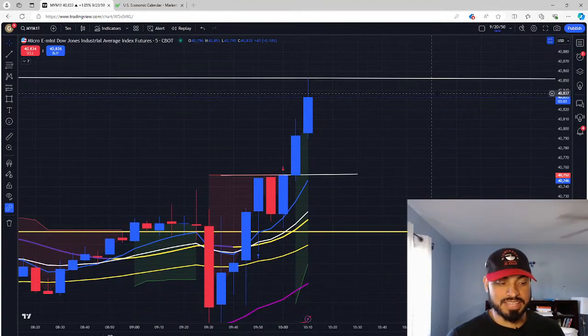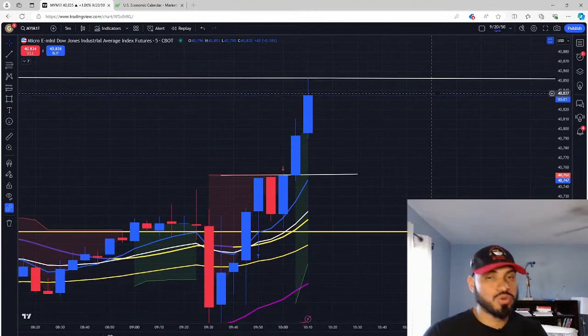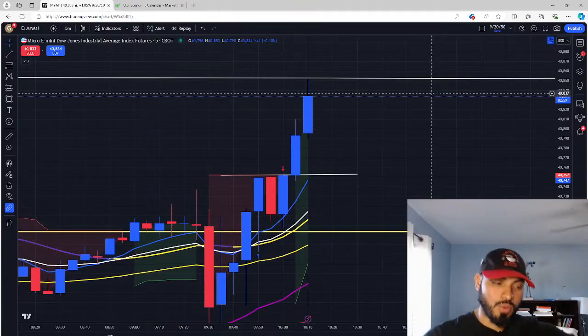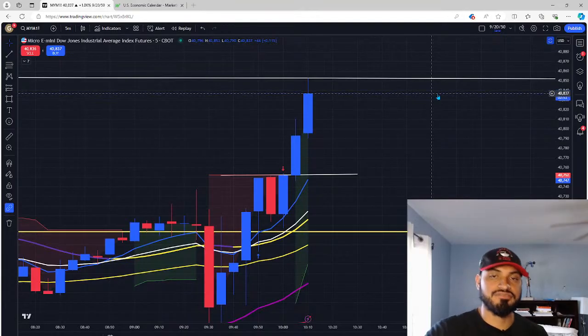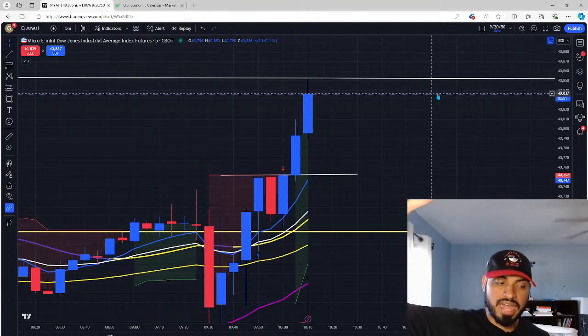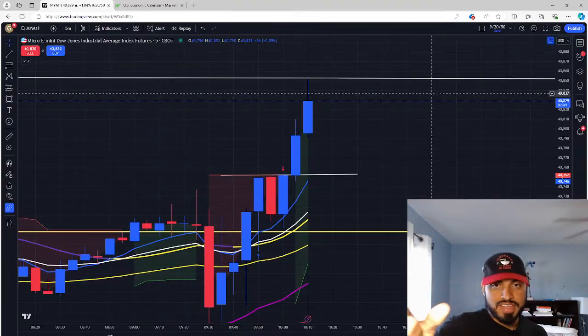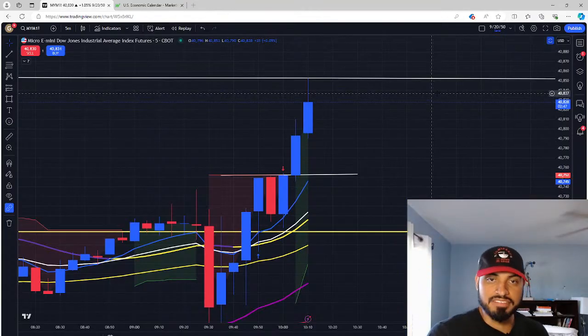I really like the 5-minute, but I'm using it in a different way, because so many times I have seen price action develop and go far away because I'm waiting for that confirmation on the 5.